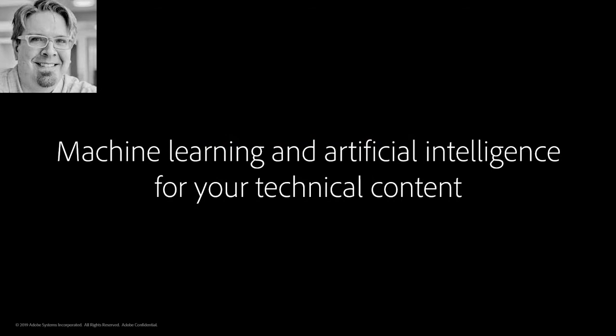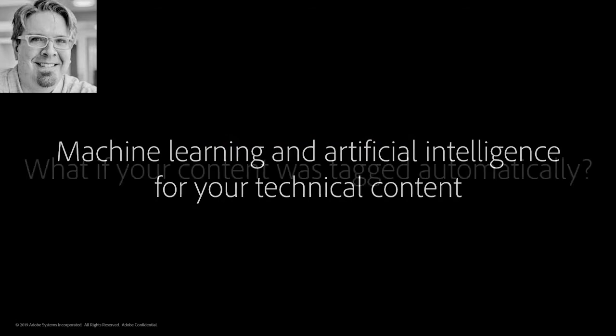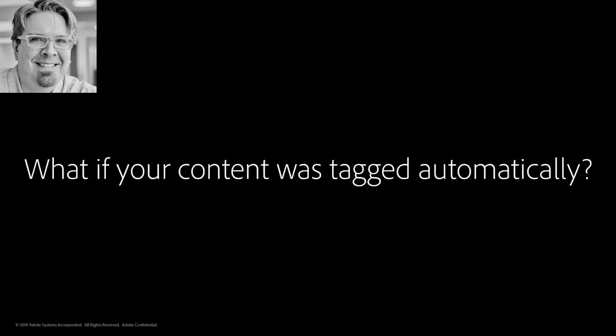Your technical content is a digital asset. It can be processed and tagged by machine learning platforms. And what if that happened automatically? What if I didn't need to have a person touch every topic, every chunk of content that I'm producing?